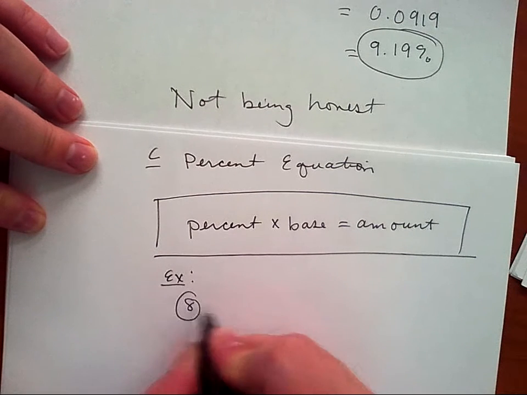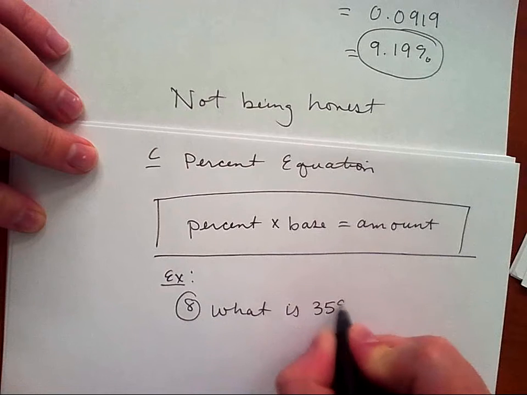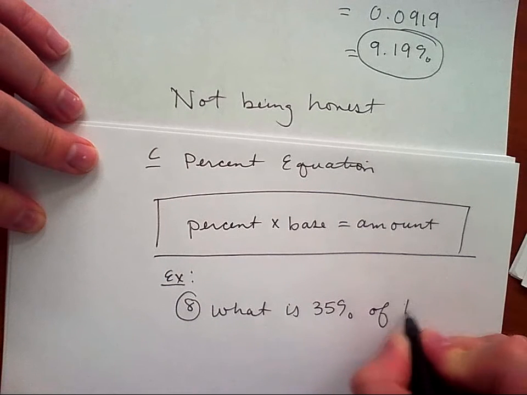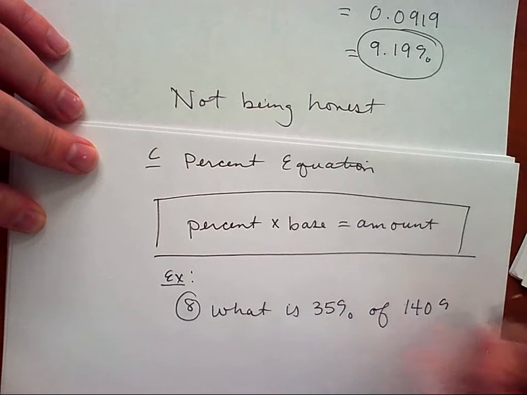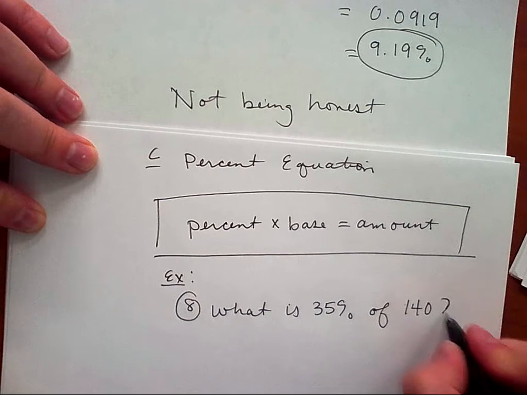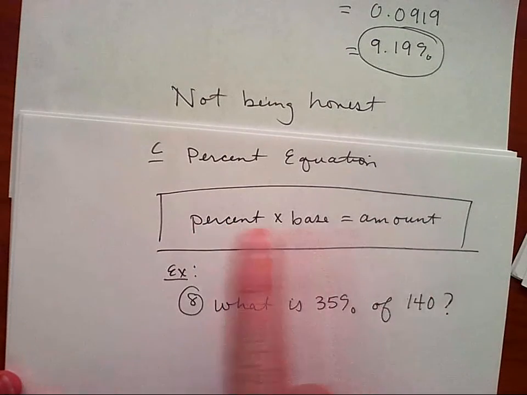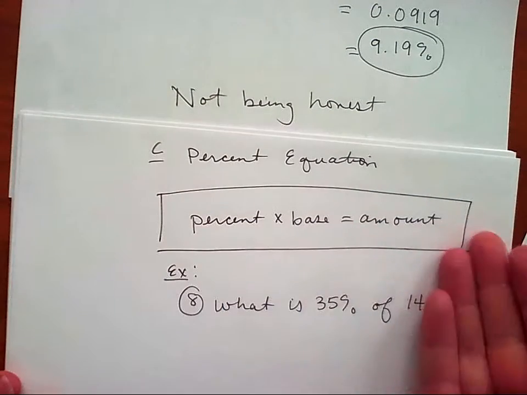Number 8. What is 35% of 140? Okay, so let's go through a little math to English translation. We're trying to plug it into this formula, right? We need to identify what pieces go here.